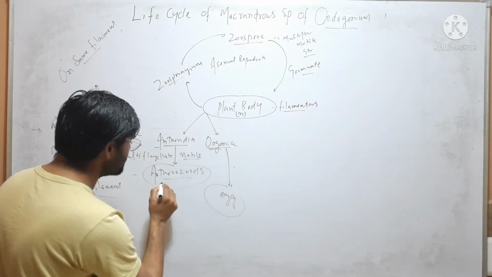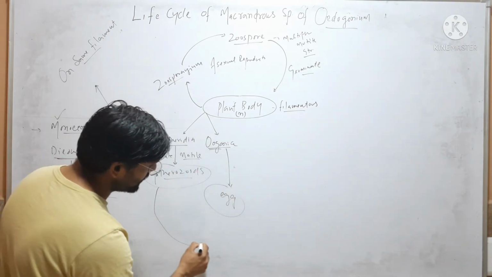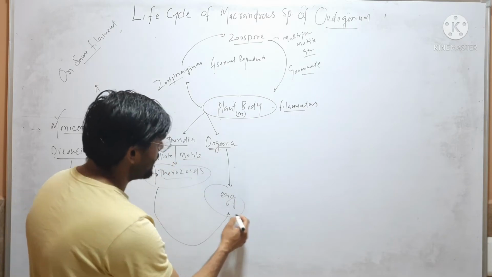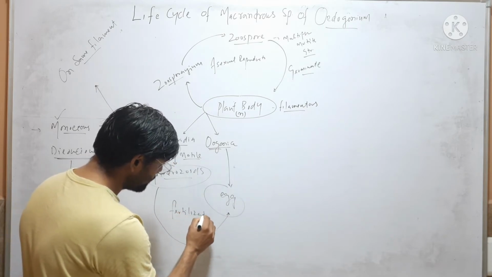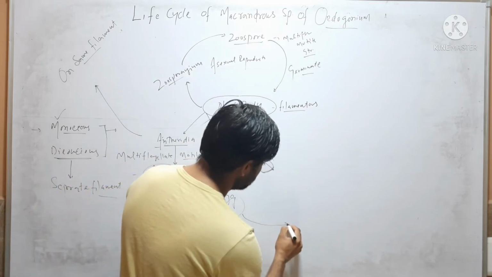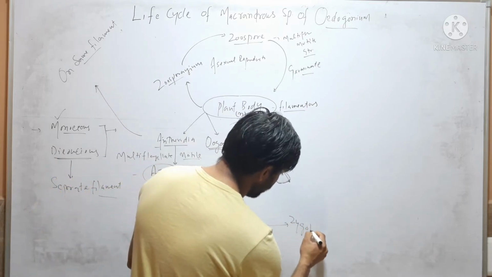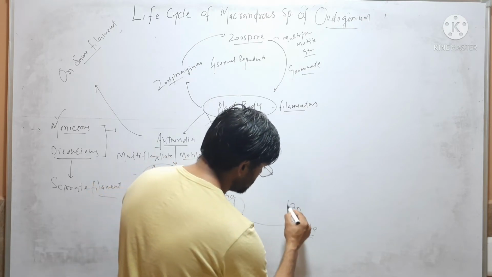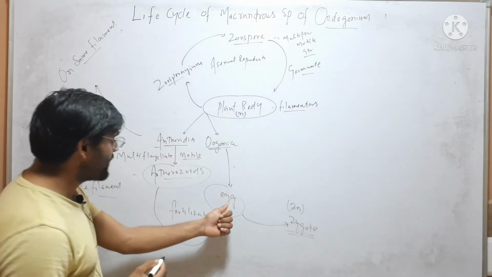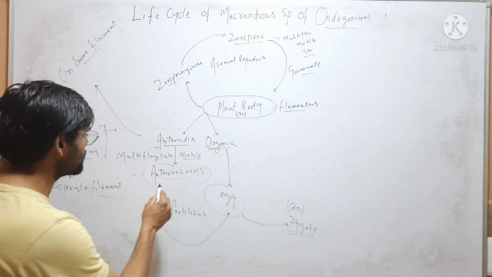These antherozoids then will swim and reach the egg, and after fertilization, a zygote will form. Here the zygote is a 2N structure because it is formed by the fusion of egg and antherozoid, or you can also say sperm.